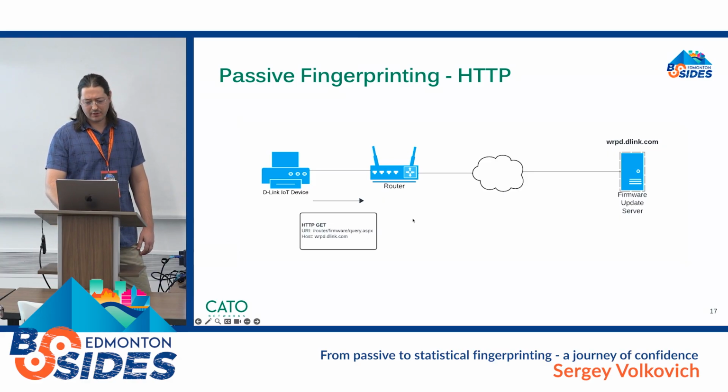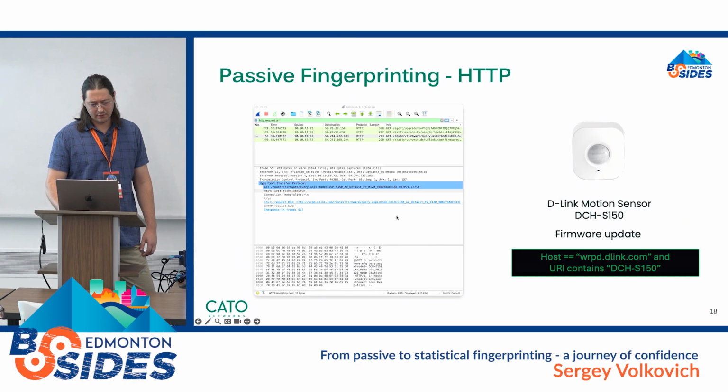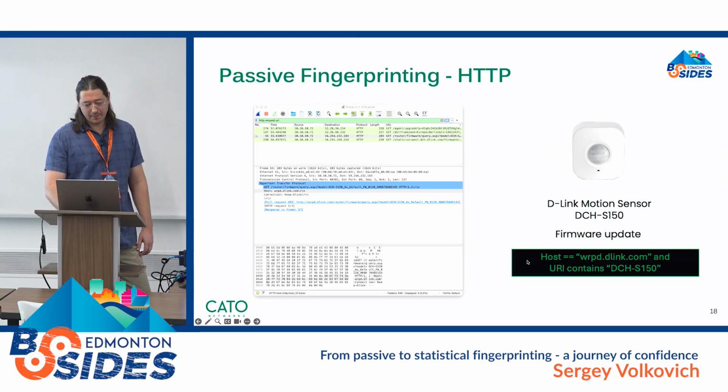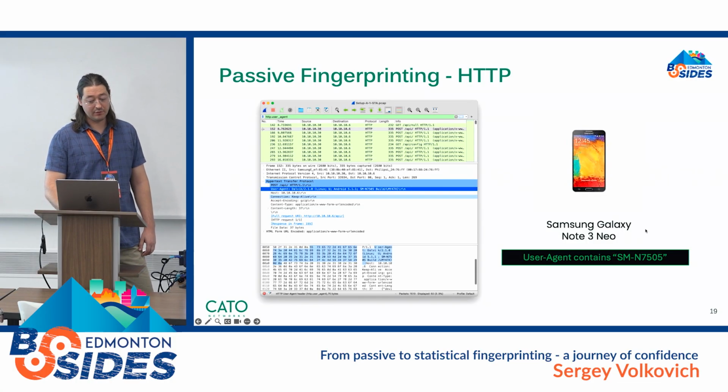And in this case, just looking at the GET request, we can identify, for example, this motion sensor when it asks for a firmware update. Here we look at the host and the URI, and lo and behold, the host tells us the vendor, basically. The URI contains the specific model. Another example, identifying the Samsung Galaxy based on its user agent.